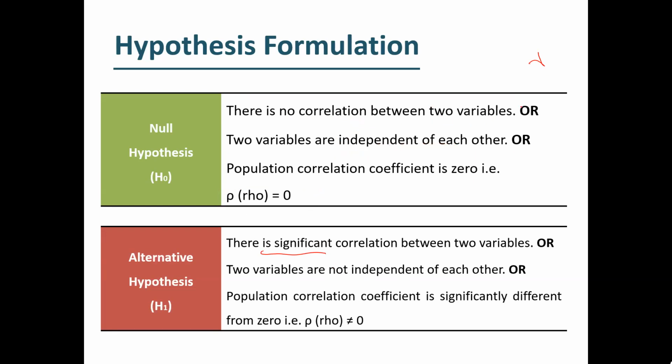Null hypothesis: there is no correlation between two variables, two variables are independent of each other, the population correlation coefficient is 0. Alternative hypothesis: there is a significant correlation between two variables, so two variables are not independent and the population correlation coefficient is not equal to 0. So rho is not equal to 0.